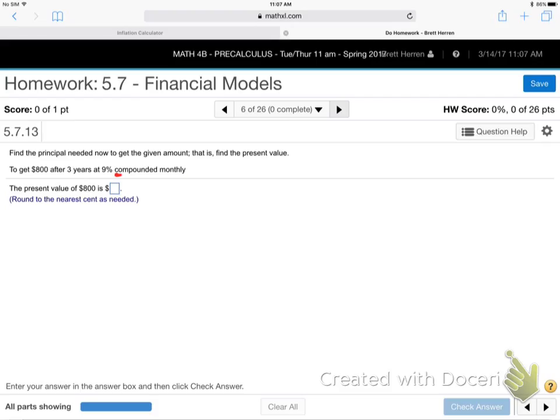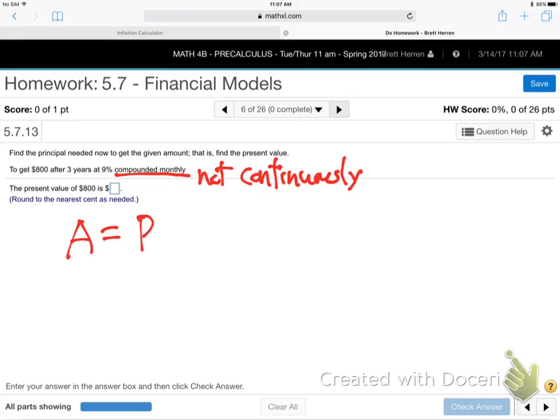Yeah, because it's not continuous. It's monthly, so it's not continuous compounding. So I'm going to use the P(1 plus r over n) to the nt. That good? So that's what we're going to use. So plug in the stuff from there.